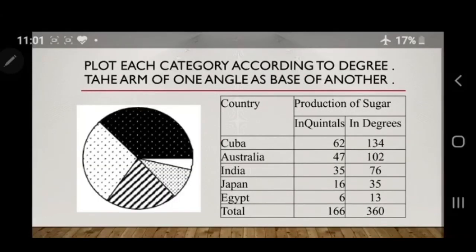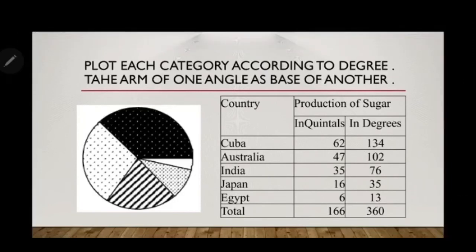Next step is to show these degrees in the circle, or what we call as a pie diagram. In order to draw the pie diagram, the best way is to keep your D like this with radius as your base. Keeping this horizontal radius as base, draw the first angle. For example, here it is 134 degrees. After drawing this angle, take arm of this angle as base of the next angle, that is 102.